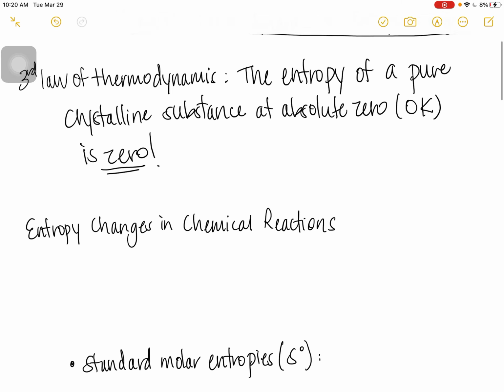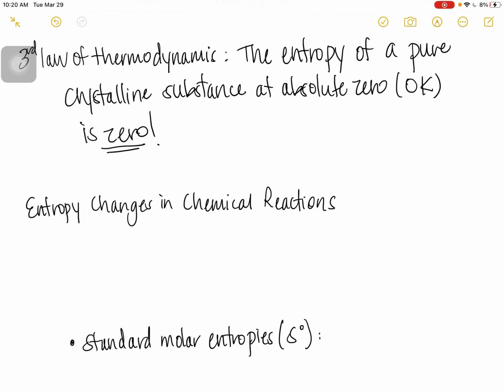Okay, so from there, we go into how entropy changes in a chemical reaction. So the first thing we're going to talk about is how it changes during a phase change, or even just during the heating of something, and then we'll talk about chemical reactions. So let's see, we'll repeat ourselves here. The entropy at 0 Kelvin is 0.